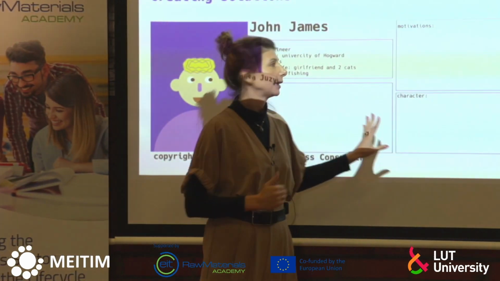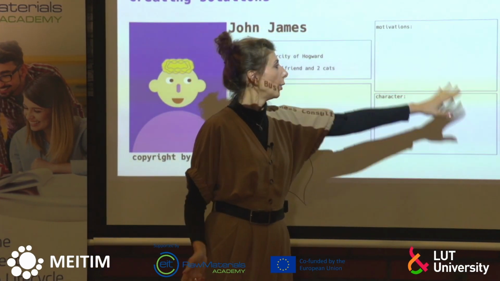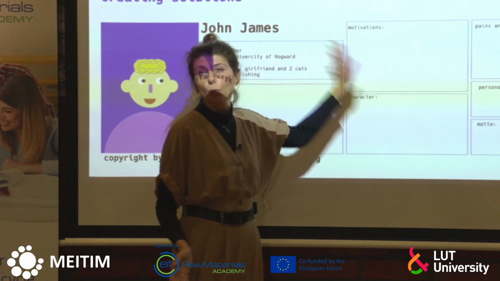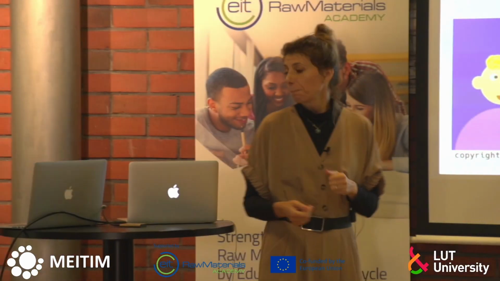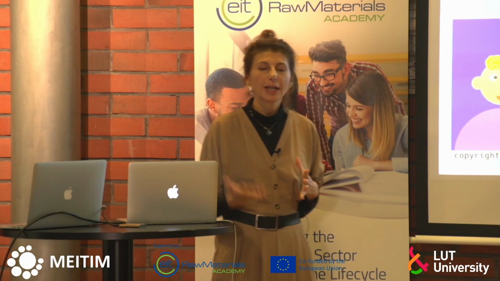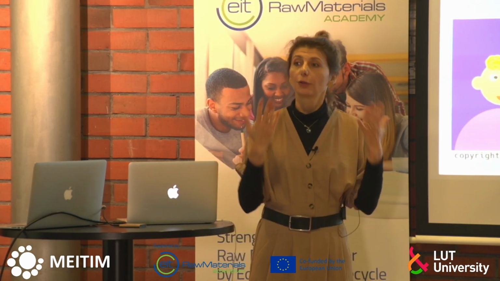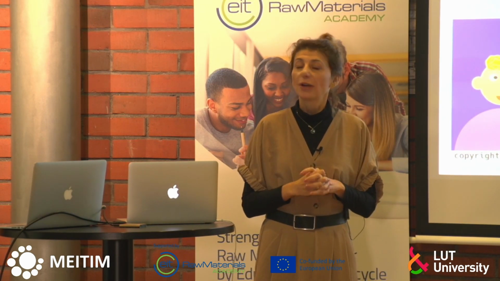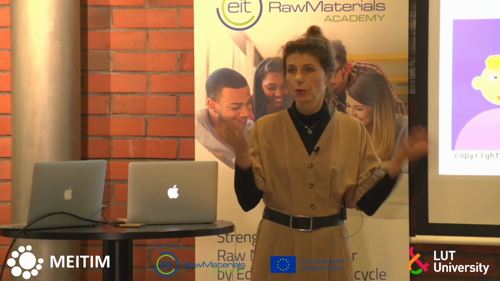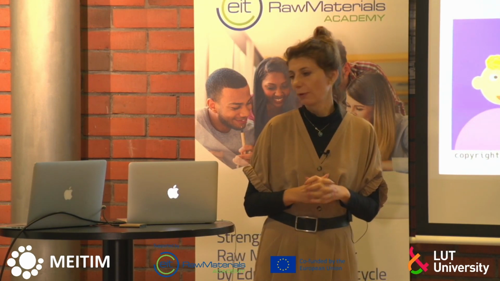Of course, if you can see that from the interview, what is the life motto, what is the personality, what are the motivations of the person you will be working with, what are their goals. So this is something you will be trying to find out from the interview that for this sprint has been prepared for you. And if you run it by yourself with your students, with your colleagues from work, you will prepare this profile by yourself.